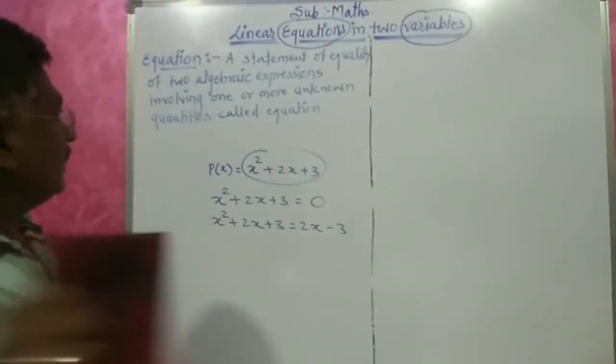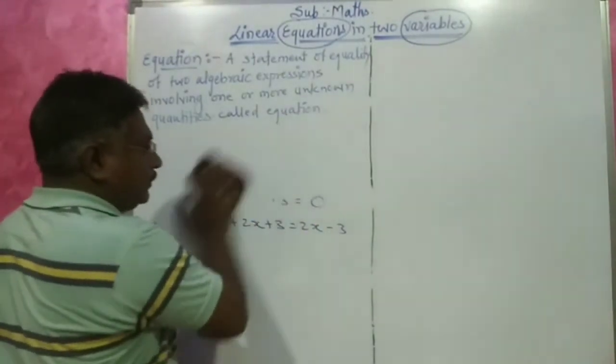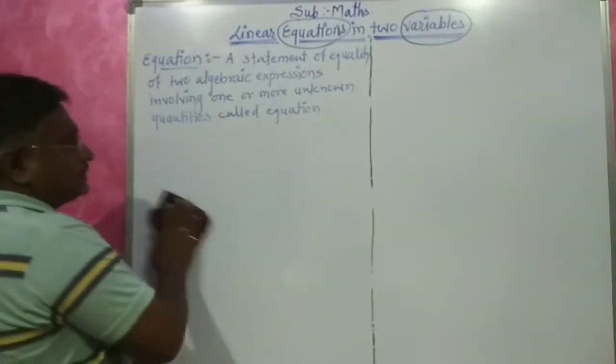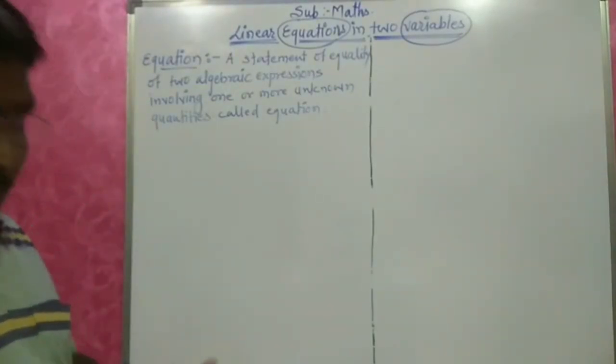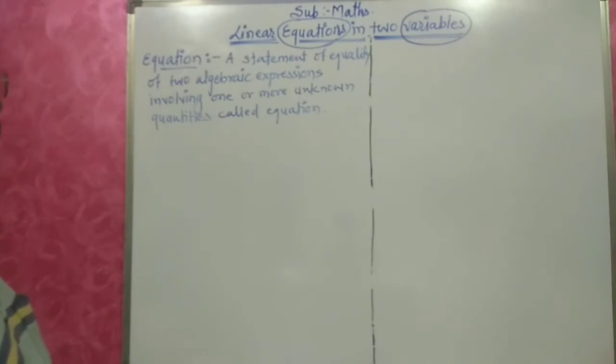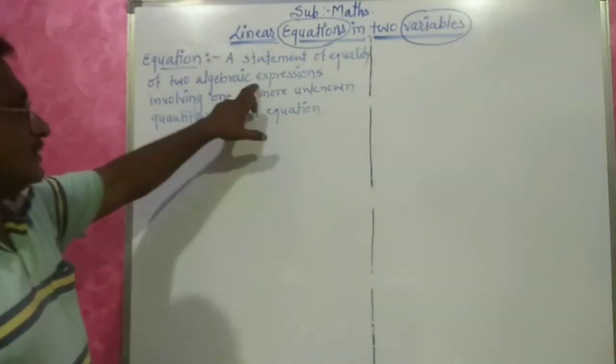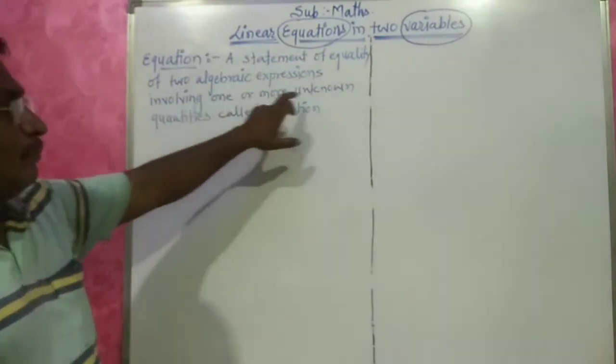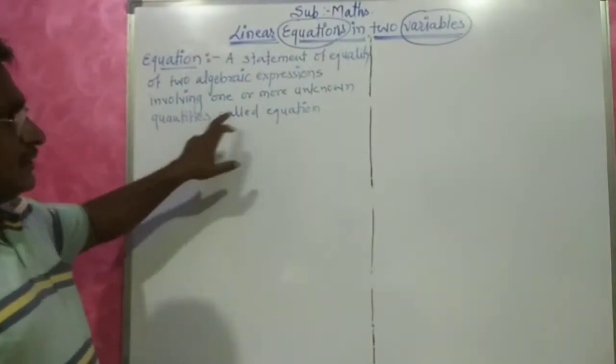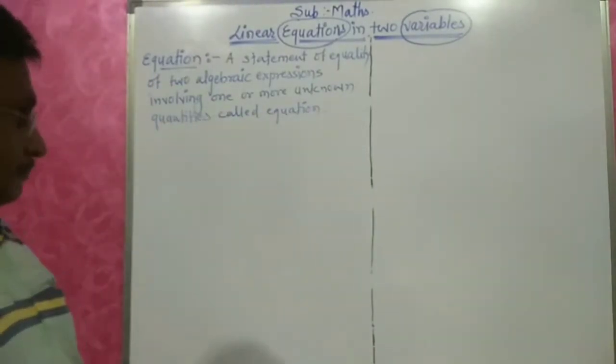So what we call equation? What is the mathematical definition of equation? A statement of equality of two algebraic expressions involving one or more unknown quantities is called an equation.